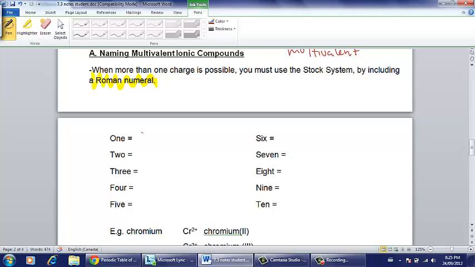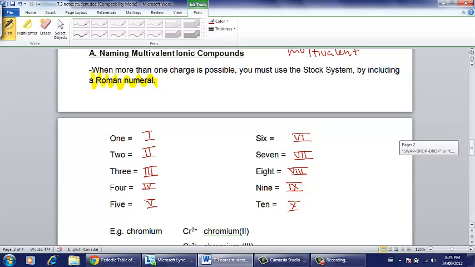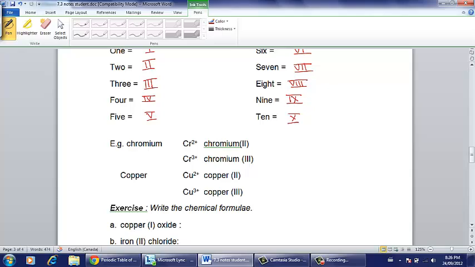The Roman numeral for 1, 2, 3, 4, 5, 6, 7, 8, 9, and 10. You will have to refer back to these often as we practice writing multivalent formula.